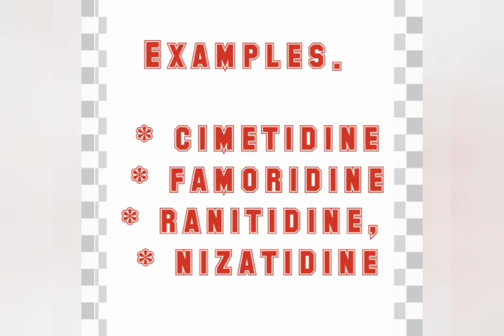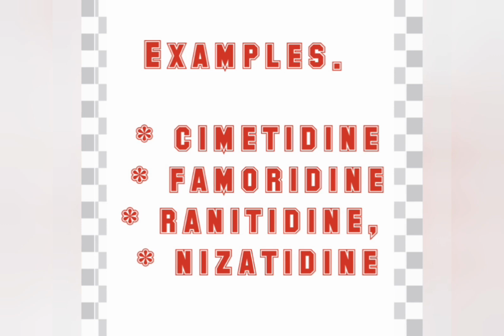Examples of medications under this class are cimetidine, famotidine, ranitidine, nizatidine. Maximum plasma concentration is reached within 1 to 3 hours after administration, and it is best administered during evening or at night. Why?